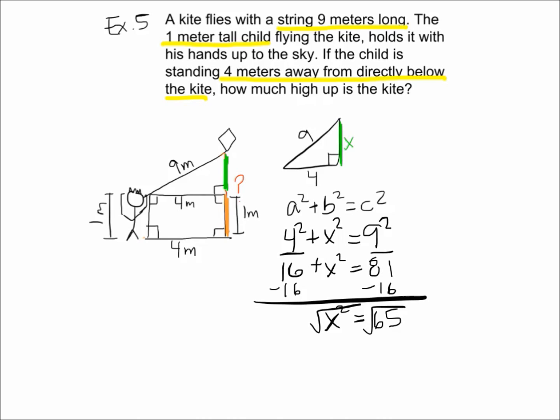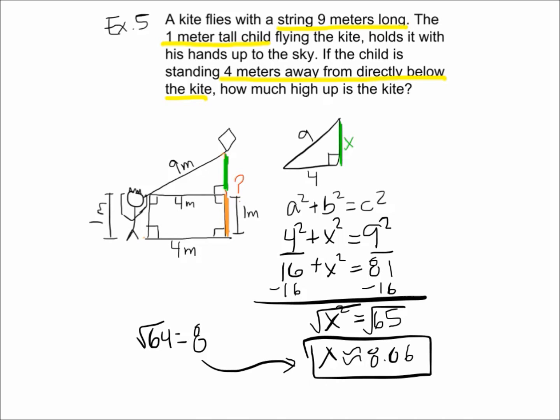And using my graphing calculator, I plug in the square root of 65. And I know that it is approximately 8.06. That makes sense because the square root of 64 is 8. So I probably could have guessed that it was close to that anyway. Is this the answer to my question? It's not. Because the question was, how high up is this kite?